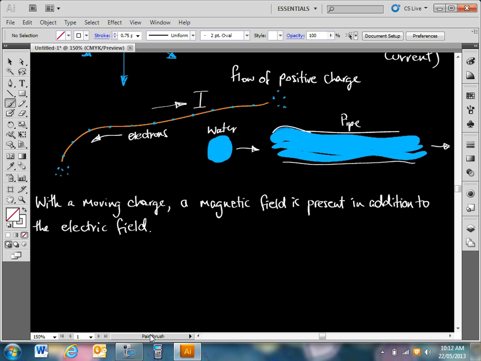With a moving charge, a magnetic field is present in addition to the electric field.